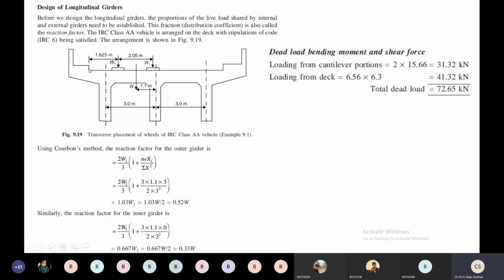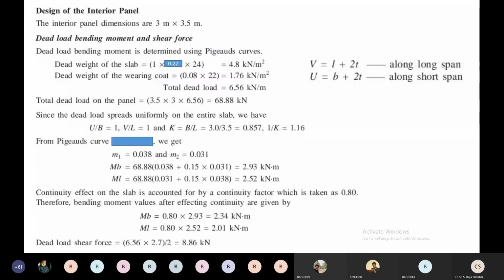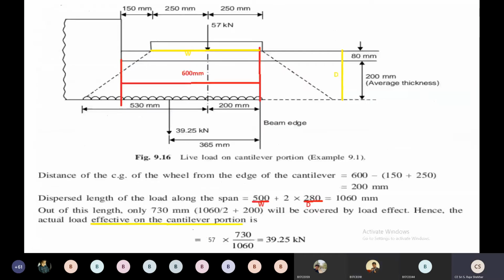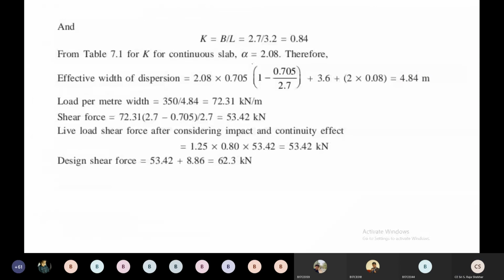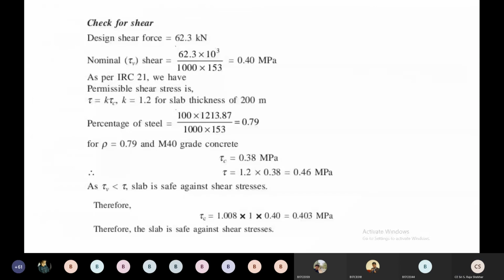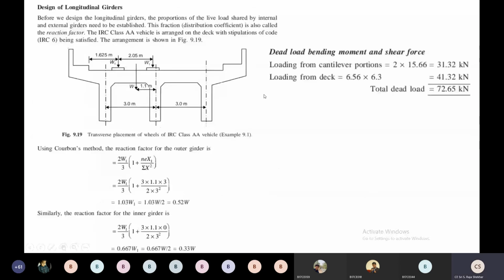The road width available in the cantilever portion is 600 mm. After this we have the edge of the beam, 150 mm, so this is 0.075 meters.